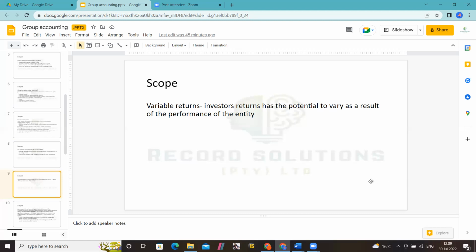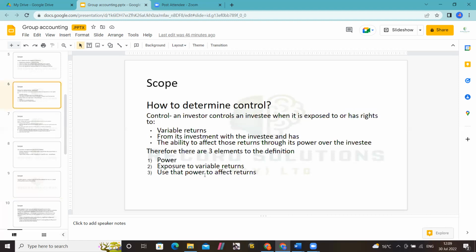You might receive something similar, maybe 4.9, maybe close, but it won't be exactly the same. These returns have to have the potential to vary as a result of performance, so you can actually influence these returns via performance. That's basically the second one, exposure to variable returns.